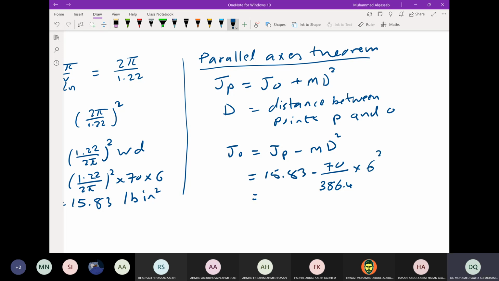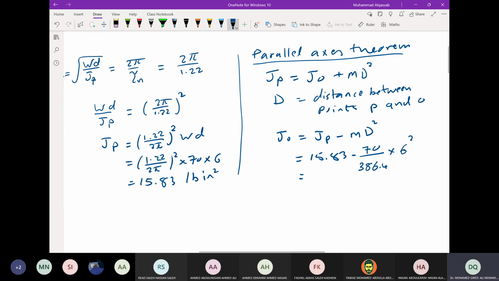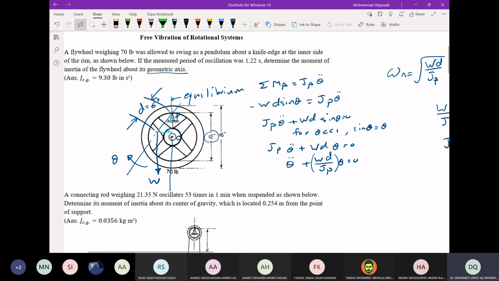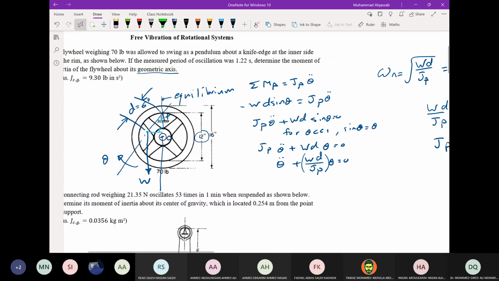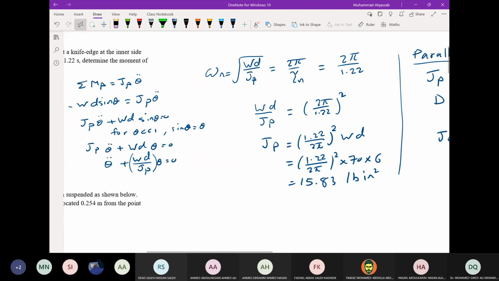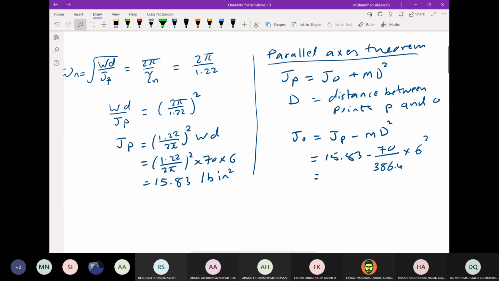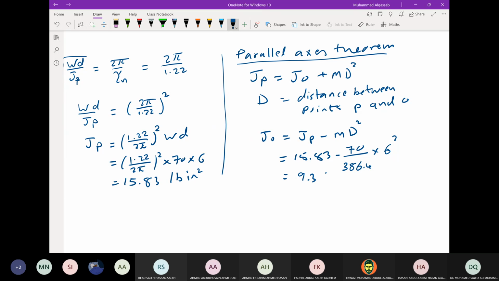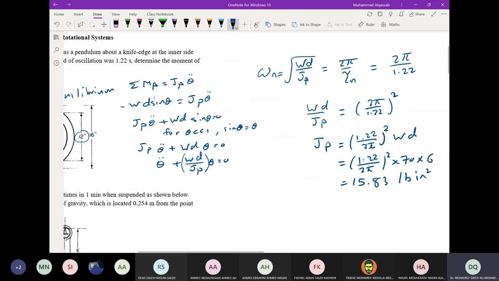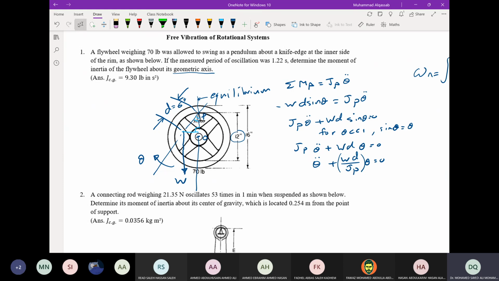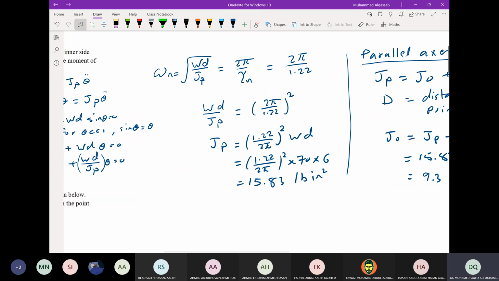And you can find J_O. It is given in the answer as 9.3. Okay, this is pound inch second squared. Here there are different units.